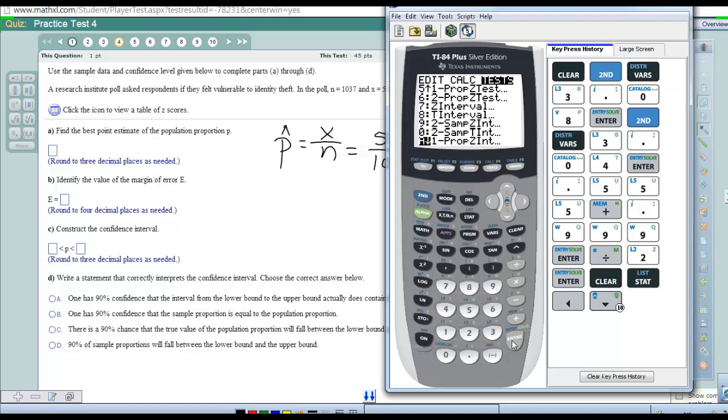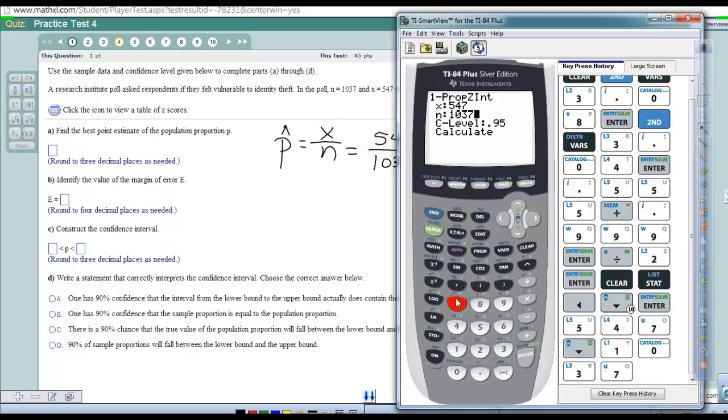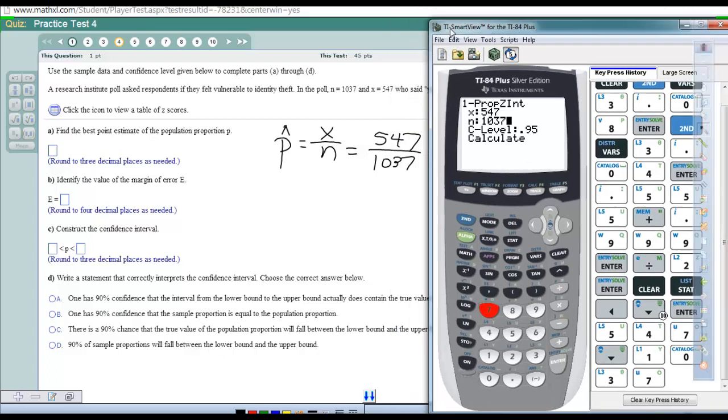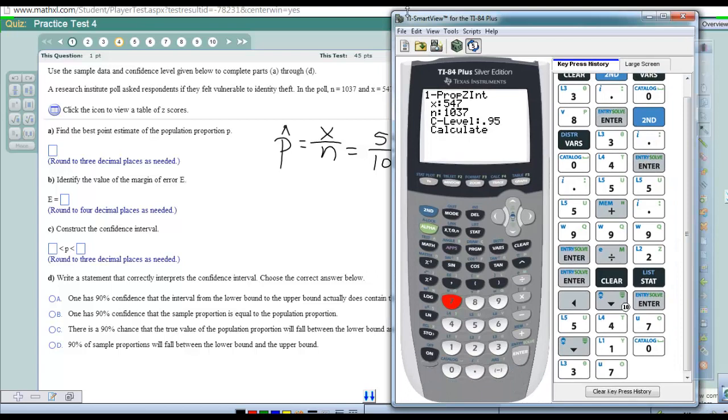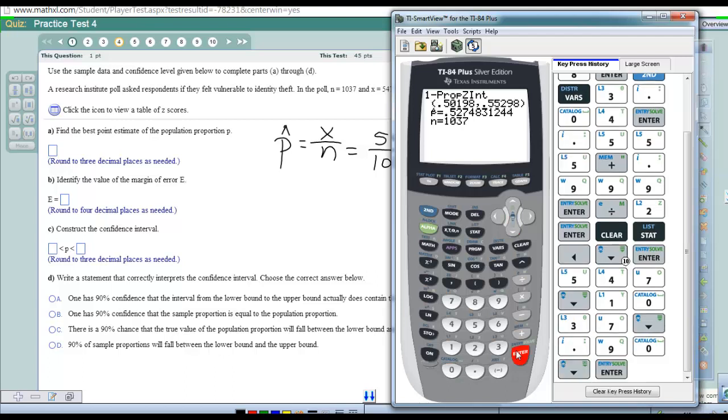X was 547, n is 1037, and the level of confidence is 90%. And so there's my interval.